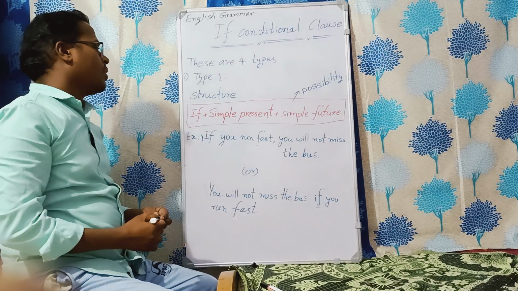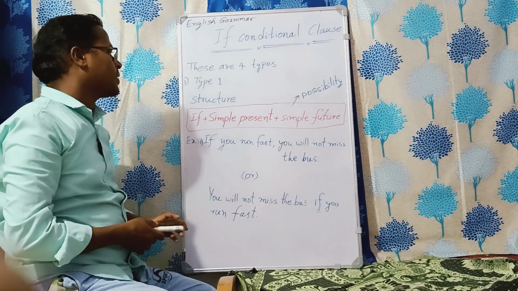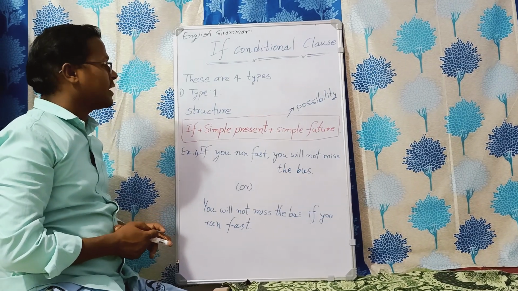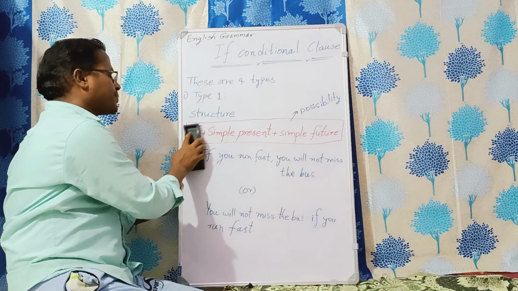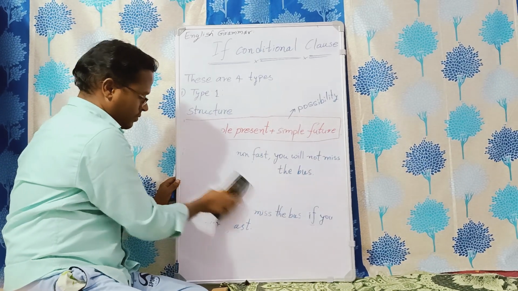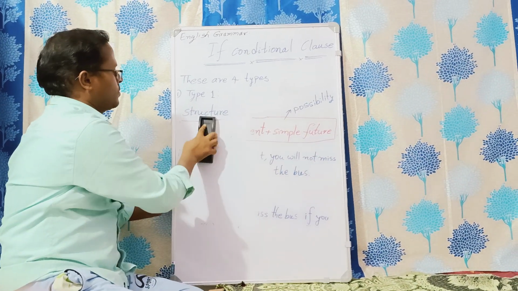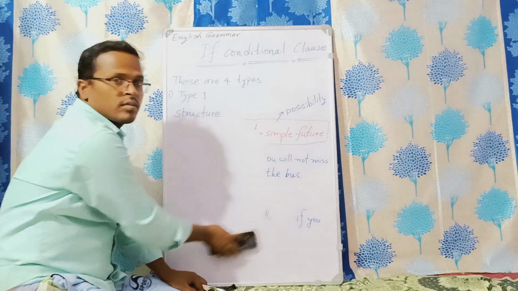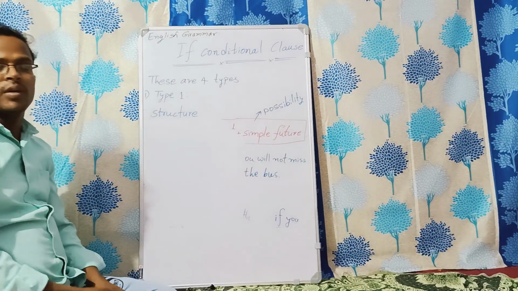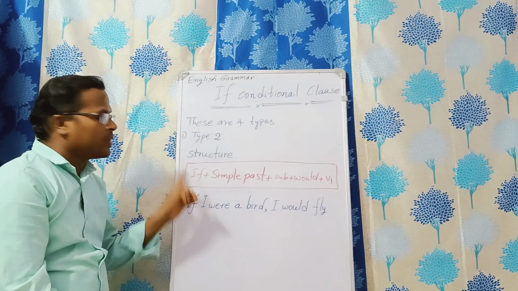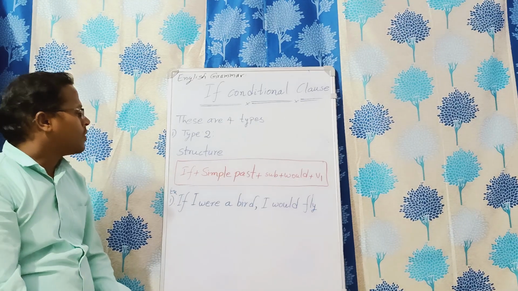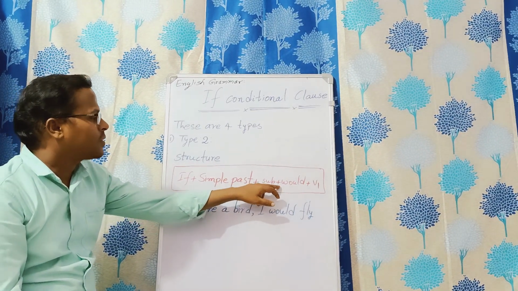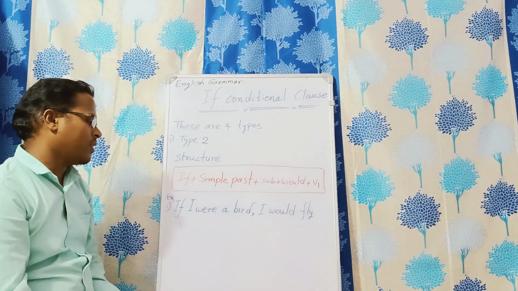Next we'll go with type 2 conditional clause. In type 2, the structure is if plus simple past, plus subject plus would plus V1.